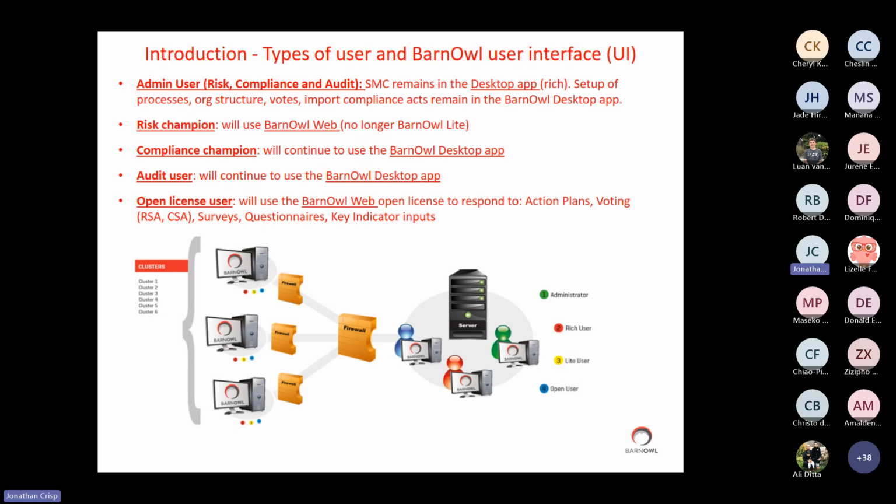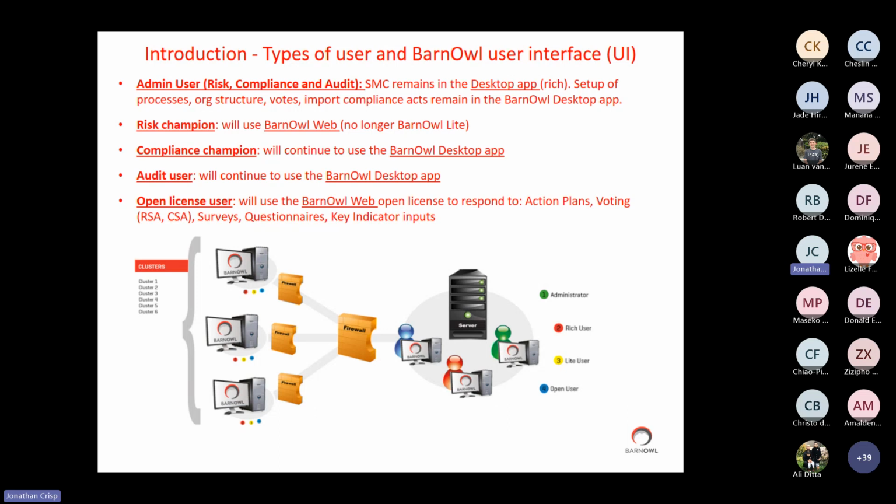But the next level down, the risk champions will use BarnOwl Web. It's a far nicer interface. It's far faster. I'll get into why you would want to use BarnOwl Web, but as I put in brackets, it's no longer BarnOwl Lite. It's got extensive functionality.